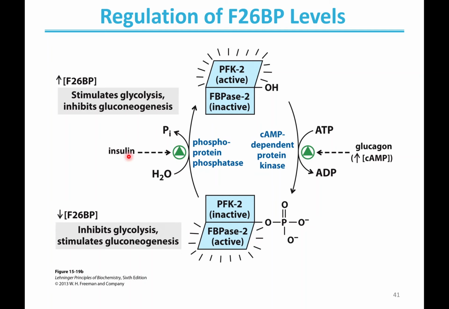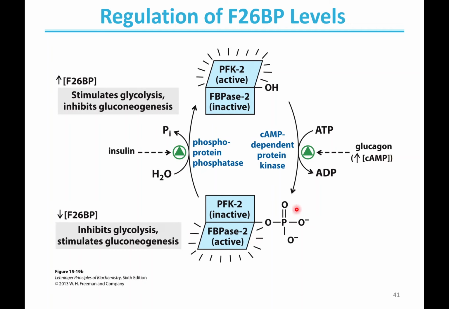Insulin has the effect of dephosphorylating this and making the PFK side active. So insulin will make that PFK side active, which in turn makes F26BP, which in turn turns on glycolysis. That increases the F26BP concentration, which stimulates glycolysis and inhibits gluconeogenesis.